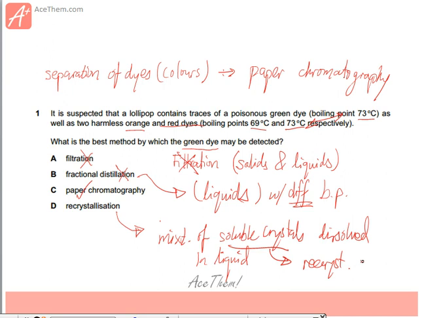So how do we do that? We need to have more information about the solubility of such crystals within the liquid, and in this case we are only given dyes with no such information, so recrystallization also has to be rejected. So the only correct answer must be C, paper chromatography.